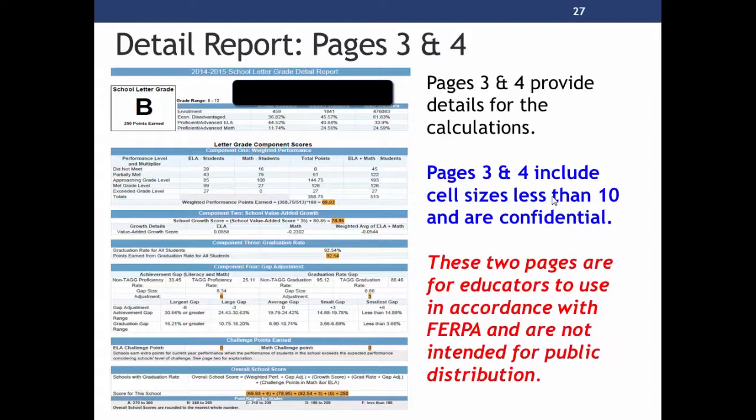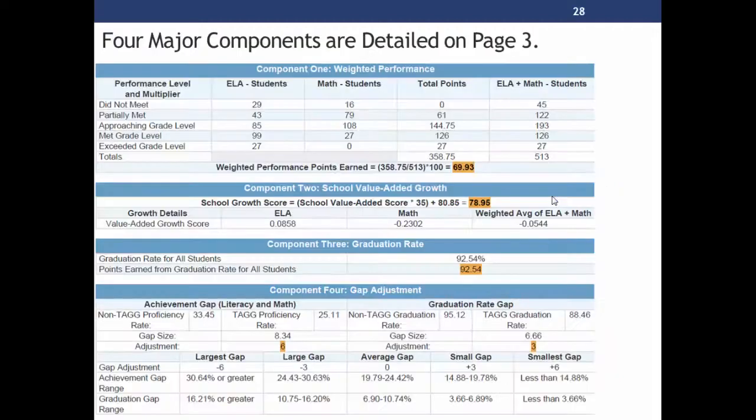We had to put them all together in a single PDF in order for them to be accessed online through the ADE Data Center. But the first 2 pages are for public consumption, the last 2 pages are for private consumption. So we do recommend that you split those out.